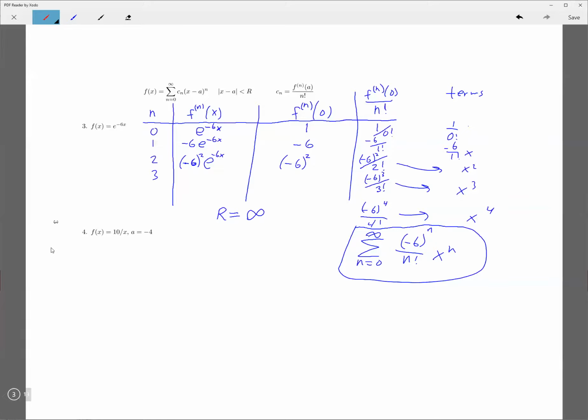Okay, so here we make a table again. And this time we're not going to need so much space because it's just, what is it? 10, we'll write it as 10x to the -1.